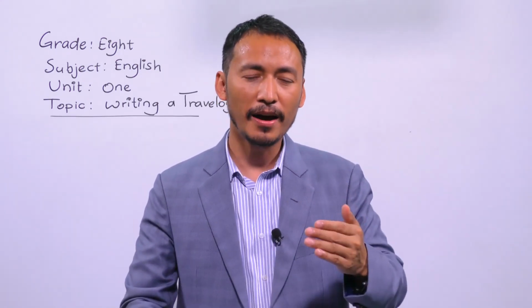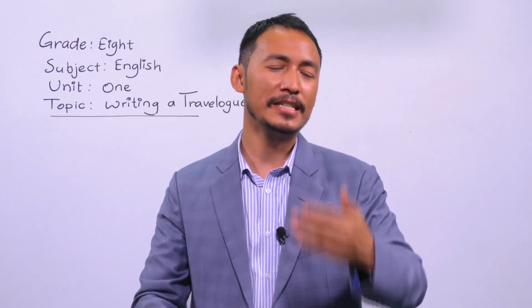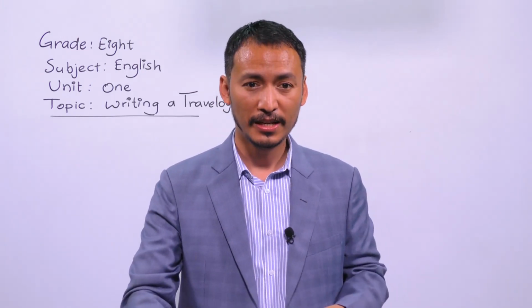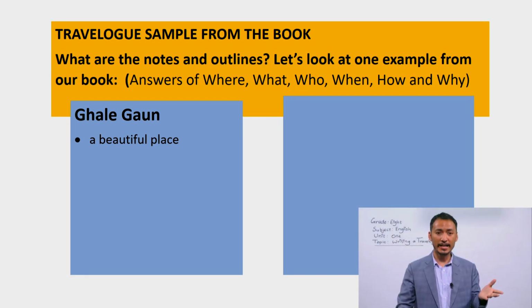Okay. So what can a note look like for a person who visited Ghalegaon, before writing your travelogue for your book? Let's see. Ghalegaon is a beautiful place, maybe he might say.